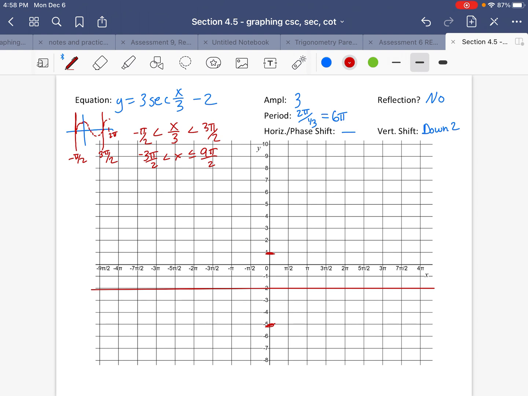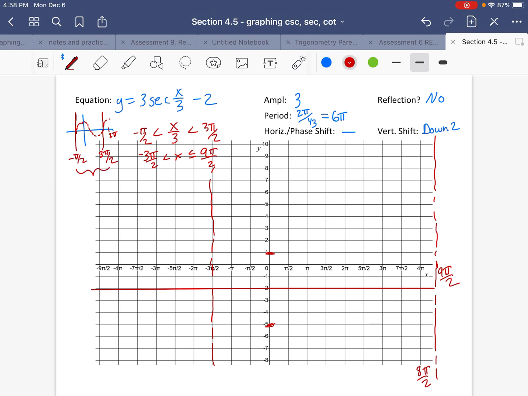Negative 3 pi over 2 is easy because that's on the graph right here. So there's one asymptote. The other one is at 9 pi over 2. Remember, 4 pi is 8 pi over 2, so 9 pi over 2 would be this next one. That's my last asymptote there.